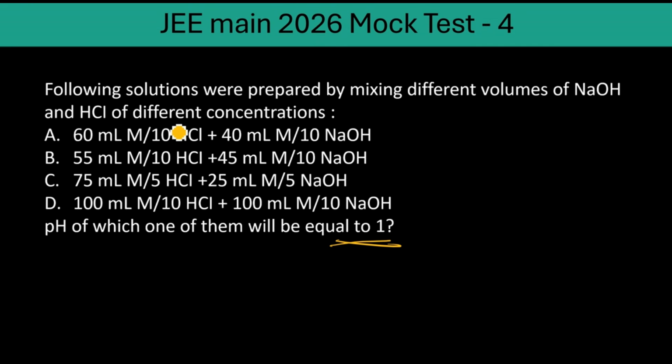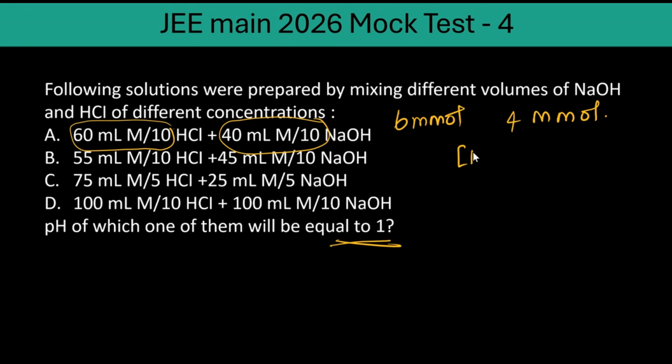So 60 ml of 1 molar, 1 by 10, that will give you the millimoles as 6 millimole, correct? And for NaOH, 40 ml of 1 by 10 NaOH, that is equal to 4 millimoles. So how much the excess HCl will be? That will be 2 millimoles. So after neutralization, whatever the H plus ions are there, that will give you the H plus concentration, right?